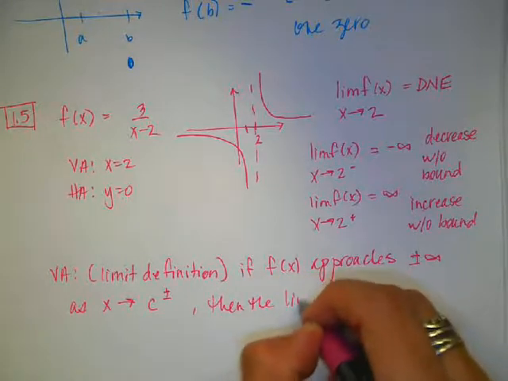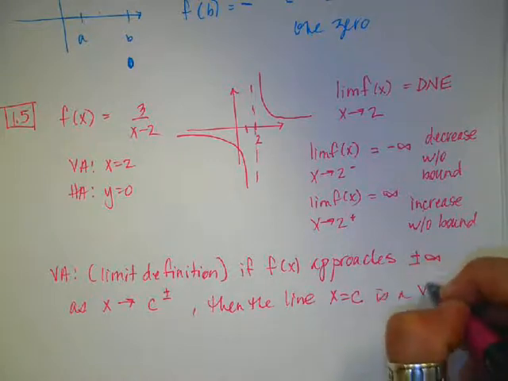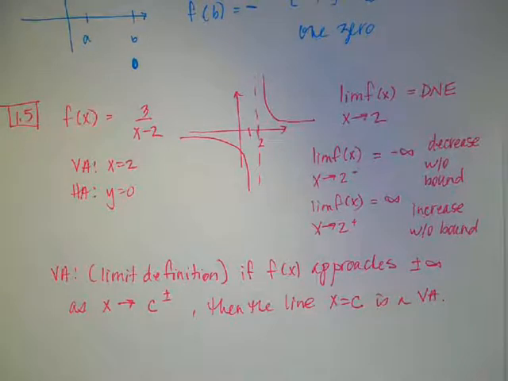I think that's kind of interesting because it's a way of confirming a vertical asymptote. So if I take a limit as x approaches a constant, come in from the right and the left, and I get plus or minus infinity, or even plus infinity and plus infinity, then I know that I have a vertical asymptote. All right, let's do another example.